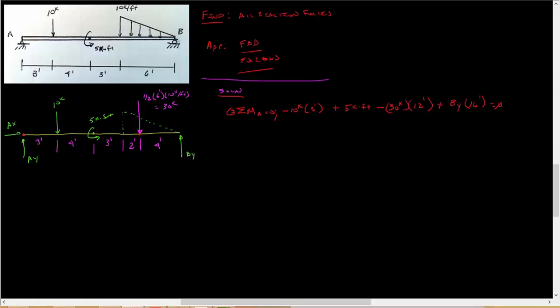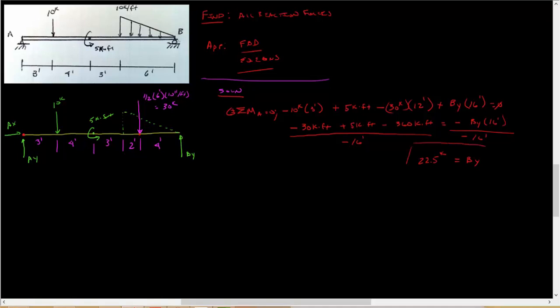So let's just do negative 30 kip-feet plus 5 kip-feet minus 360 kip-feet is equal to negative BY times 16 feet. If I divide by negative 16 feet, I get BY is equal to 22.5 kips. Since I have feet here, my feet would cancel, so I'm just going to have kips. So I have BY.